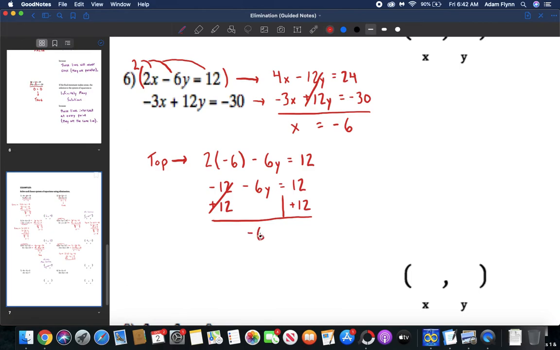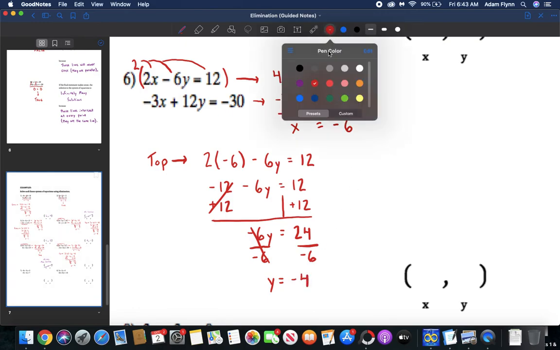So I get negative 6y equals 12 plus 12, which is 24. I can divide both sides by negative 6. When I do that, negative 6's cancel on the left. So I'm left with y equals 24 divided by negative 6, which is going to be negative 4.